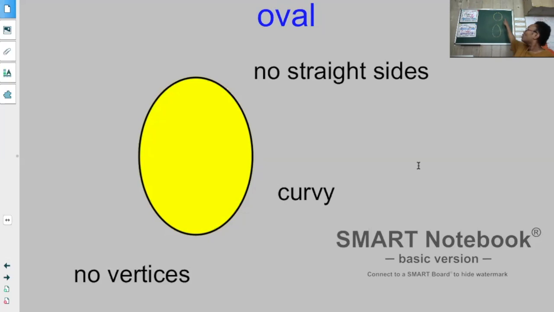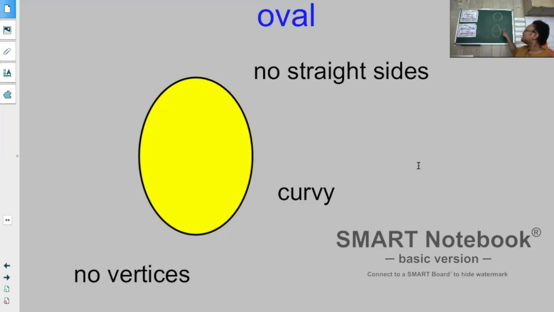And also, both the circle and the oval have curvy lines or a curved line. So these two shapes have a lot in common. There are no straight lines, no corners, but they both have a curved shape.